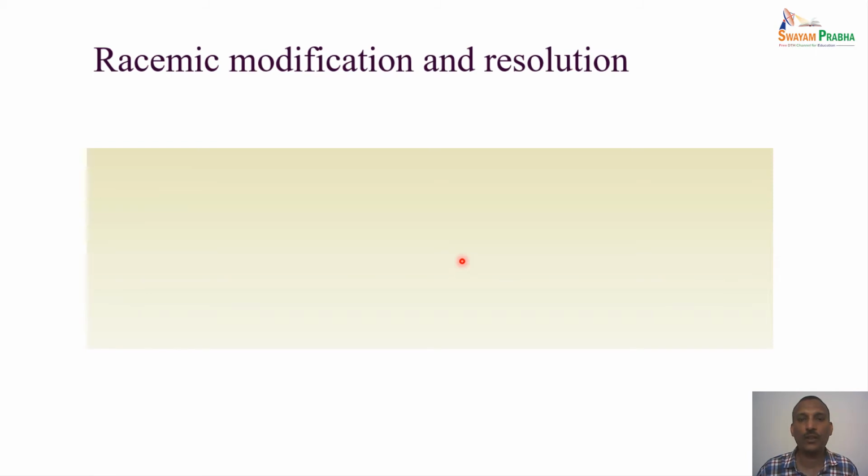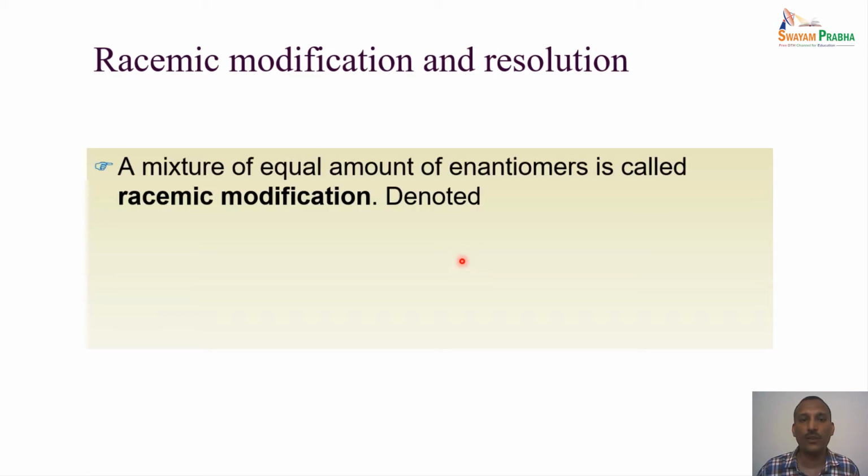In this session we will be studying the next step: how can we separate this racemic modification to get one of the enantiomers. This process is basically called resolution.